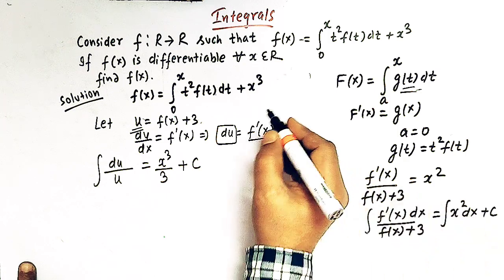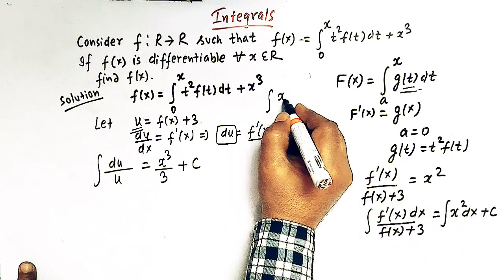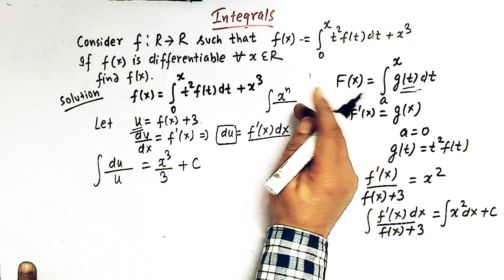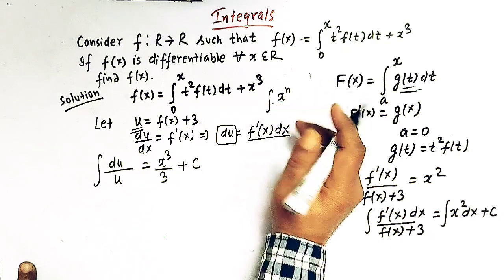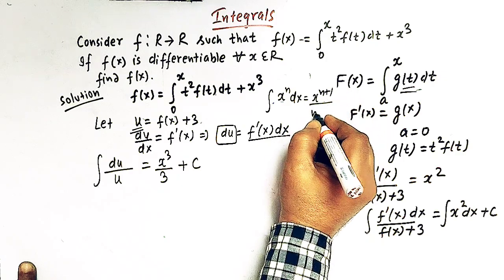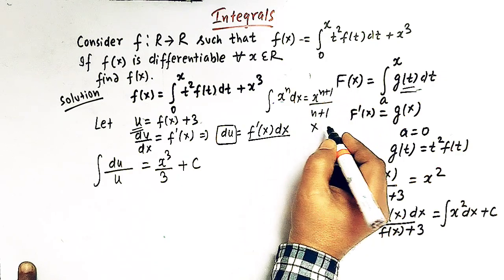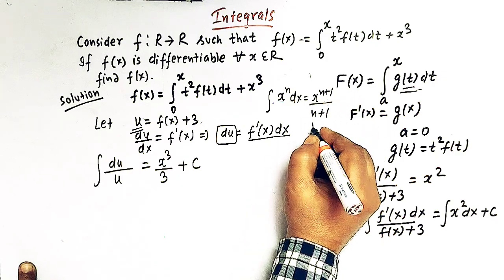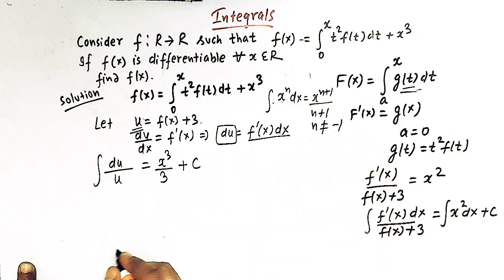So here we have applied this rule, that is, the integral of x raised to n dx is equal to x raised to n plus 1 over n plus 1, provided n is not equal to minus 1.